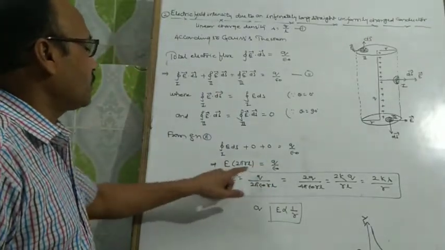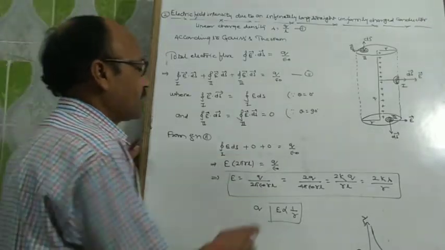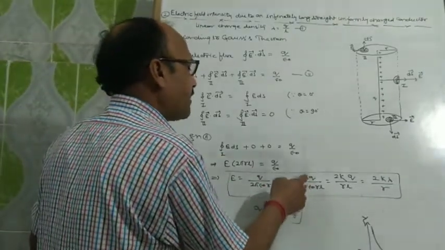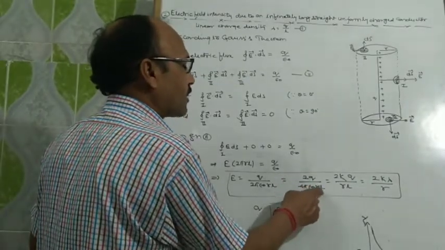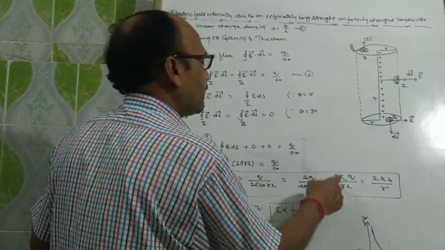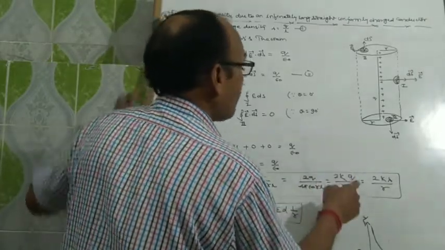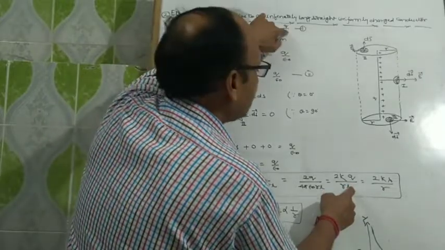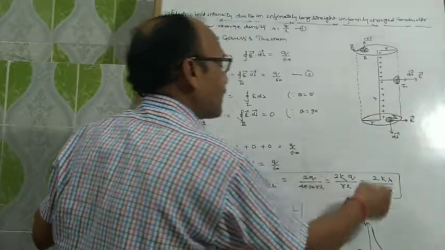E equals q upon 2 pi epsilon naught r L by cross multiplication. We multiply and divide it by 2. We can write 2q upon 4 pi epsilon naught r L, or this can also be written as 2kq upon r L. Q upon L from equation first equals lambda. So this equals 2k lambda upon r.